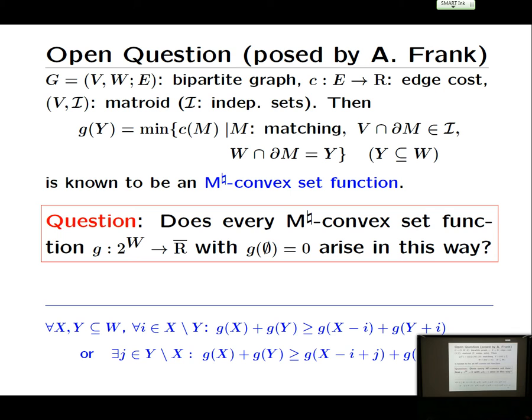Actually, I don't have any. If you have a polynomial matrix, that gives us another class of M natural convex functions, which is independent of graphs. So this class would be a possible counterexample.